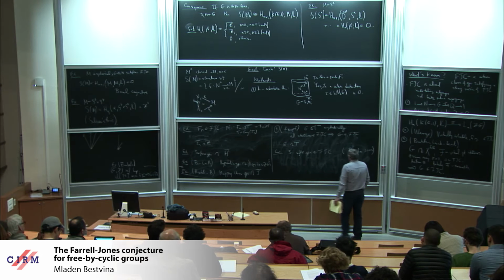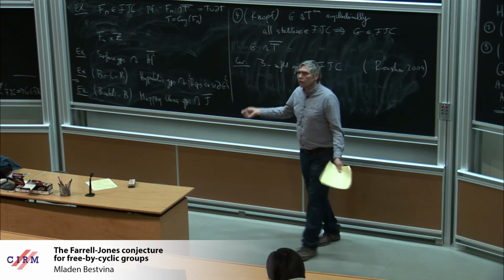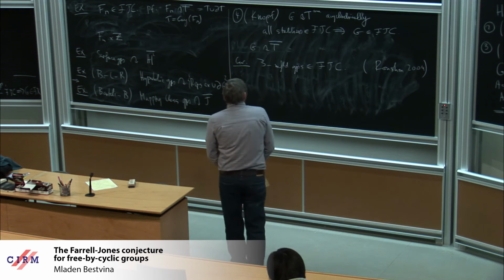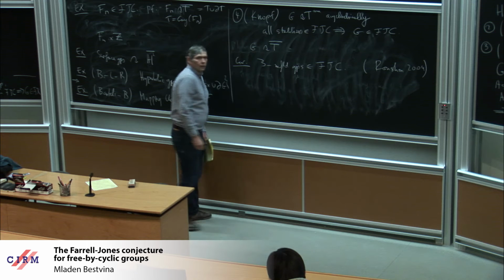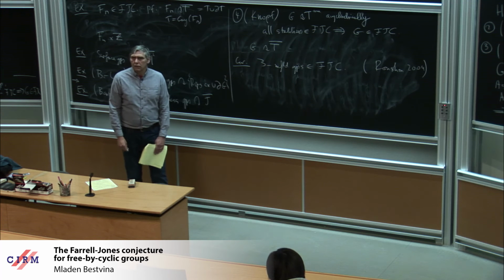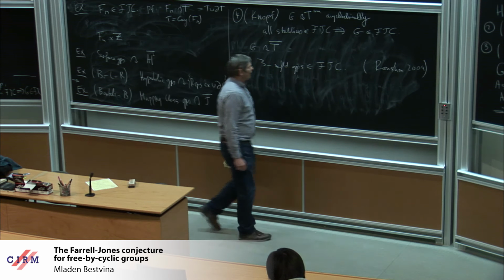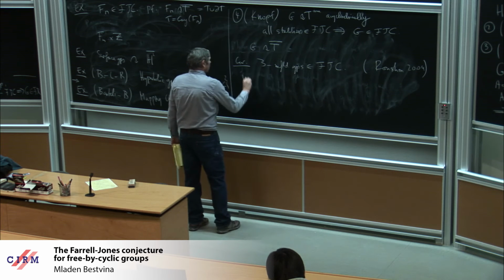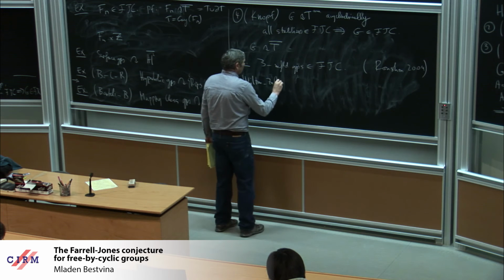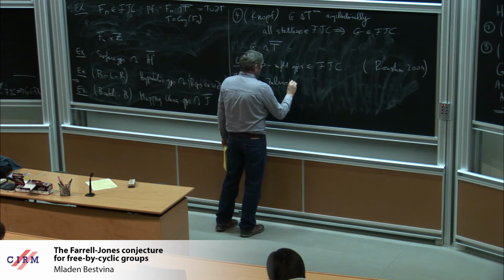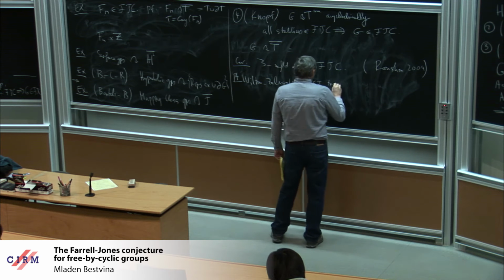And so if the manifold is not geometric, then we look at the pieces, they all satisfy Farrell-Jones. And so what needs to be said is that there's a theorem of Wilton and Zalesskii, and that was also mentioned already, that the JSJ tree is acylindrical.